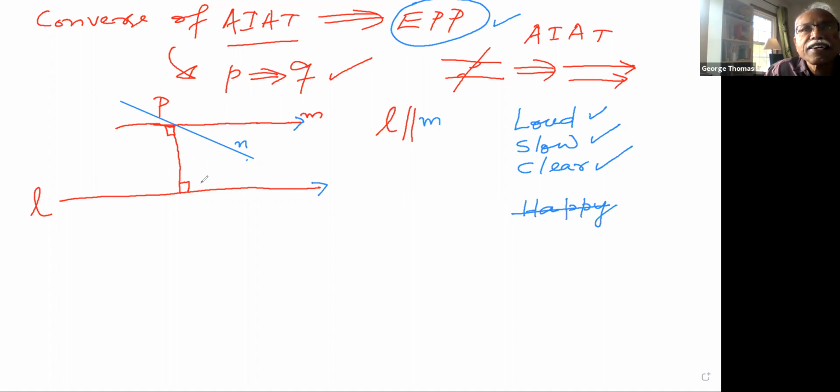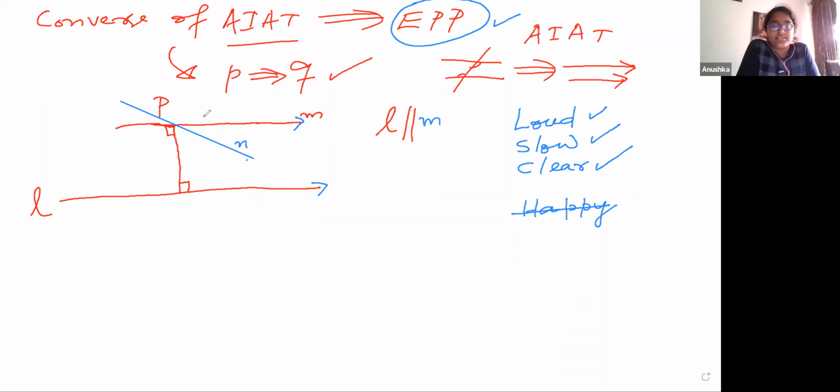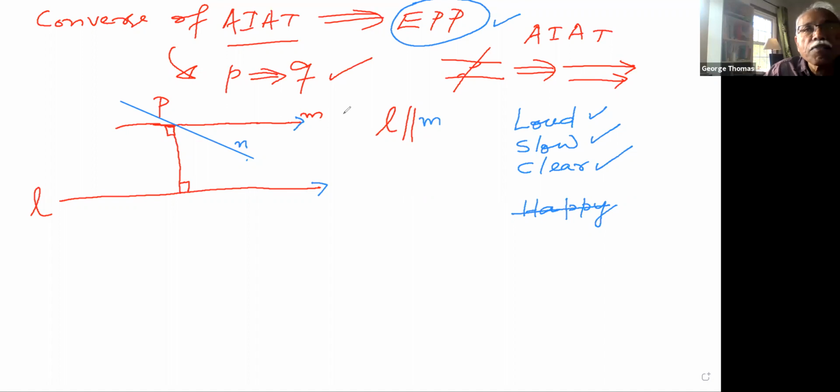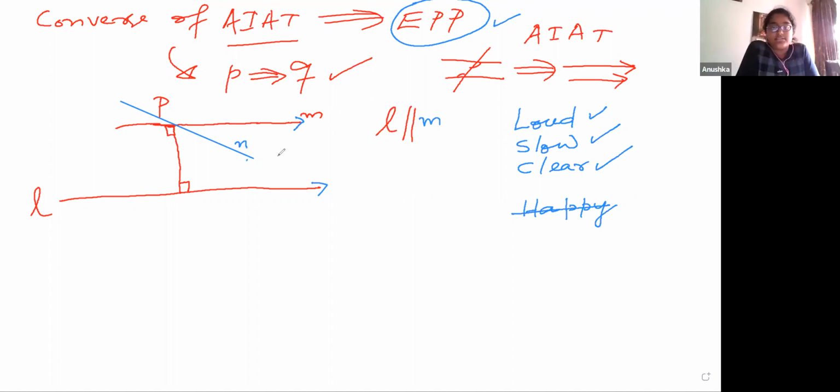Agreed? Yes. We know there is one parallel. We proved it using AIAT, right? The converse of AIAT is going to tell us that you cannot have more than one parallel. So let us say there is one more. Proof by contradiction.